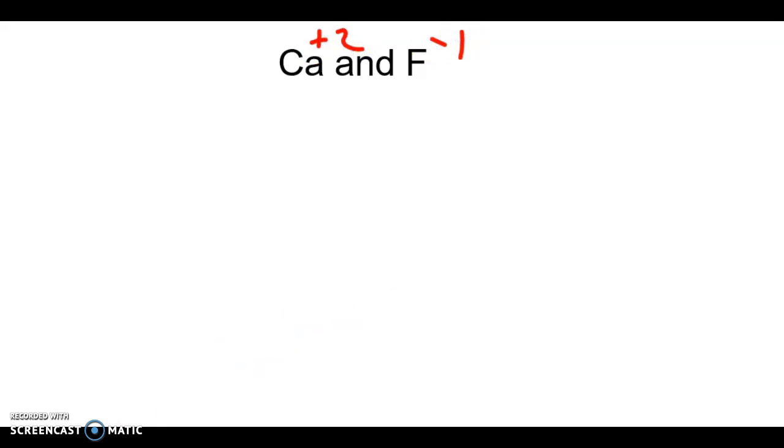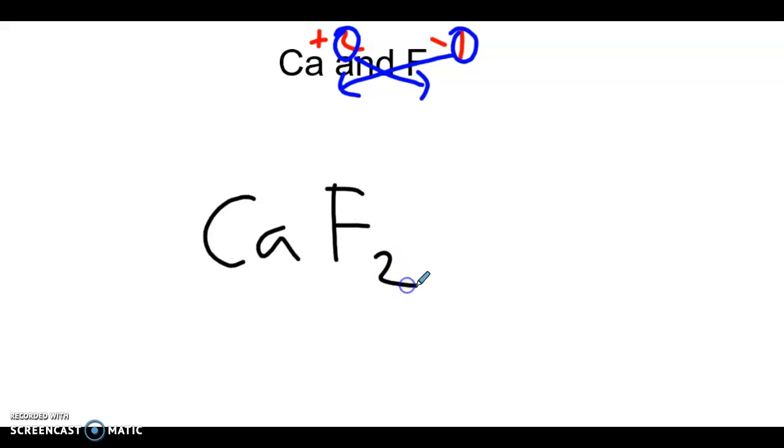So to get a formula from this, we just take the 2 from right here, give it to fluorine, the 1 from fluorine, give it to calcium, and then as a formula, Ca. And when there's a 1, we don't write the 1, we just ignore it, we assume it's there, and then F2, since F takes the 2 from calcium. And just conceptually, this just means you have 1 calcium and 2 fluorines in this bond.